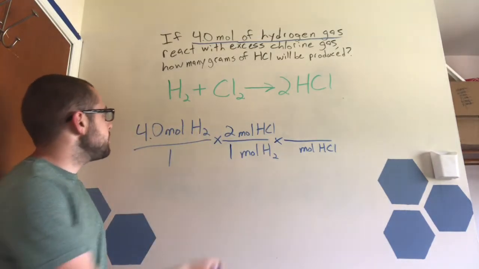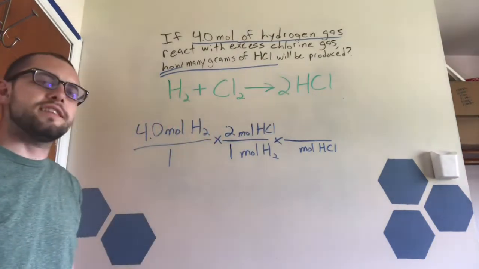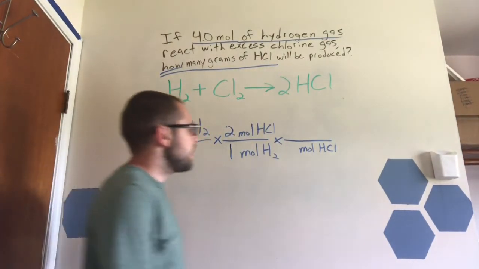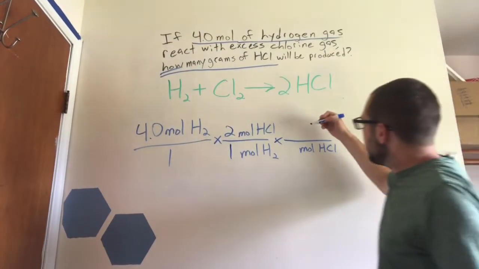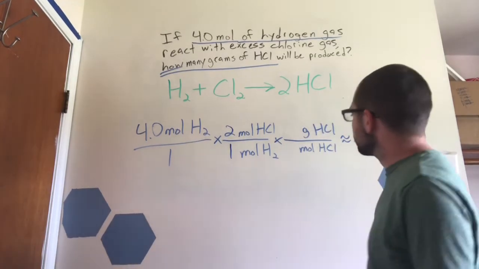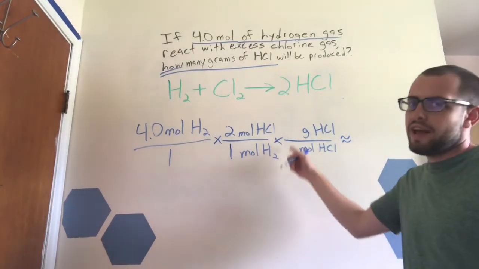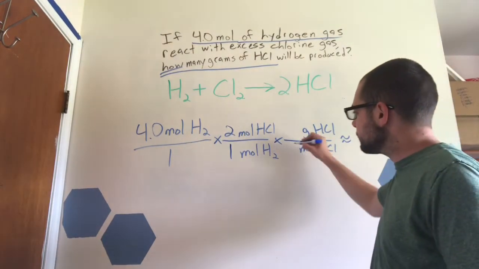The question asks me how many grams of hydrochloric acid will be produced. I've made it all the way to moles of hydrochloric acid. Now I just need to convert those into grams. This is another molar mass problem. I'll use my periodic table to come up with these numbers.